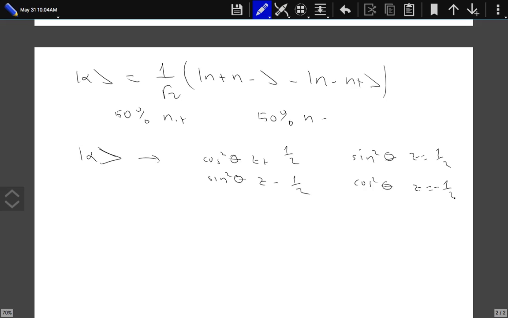Now, of course, it seems to be changing, but keep in mind that the other particle makes measurements in everything. So in total, the probability that A measures n plus is 1/2, then the probability that the other particle measures Z plus is cosine squared theta, plus the probability that A measures n minus is 1/2, and then the probability that the other measures Z plus is sine squared theta.